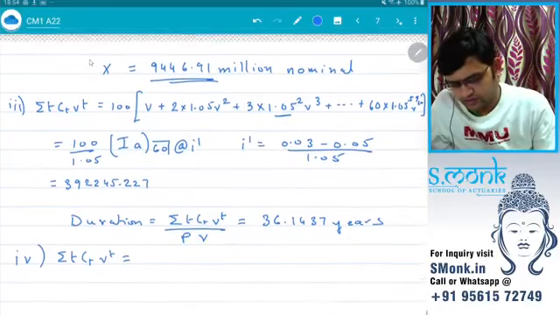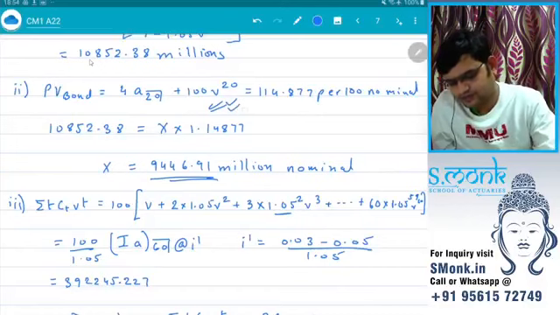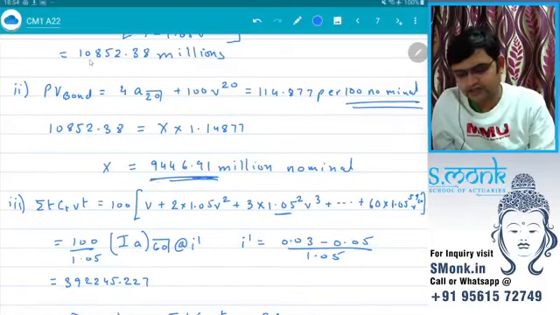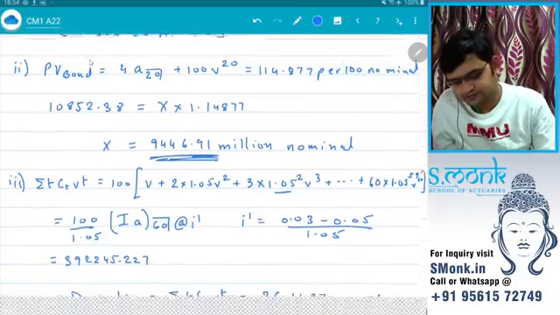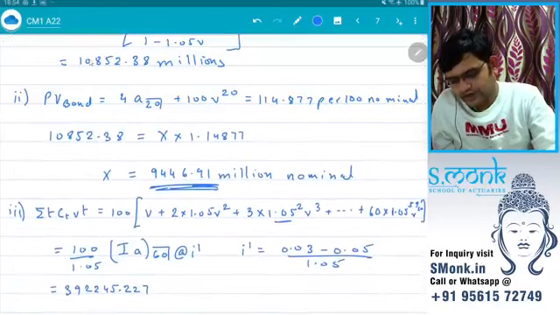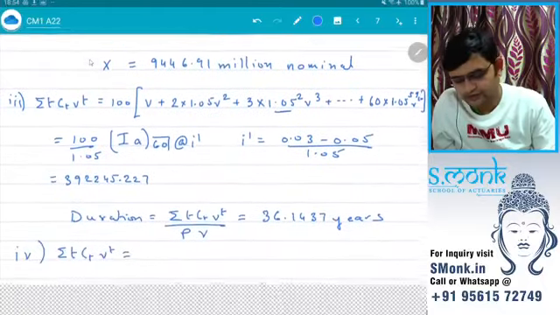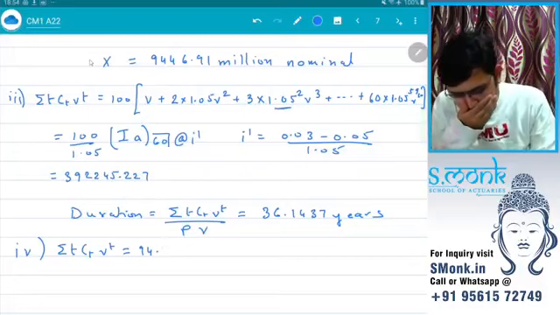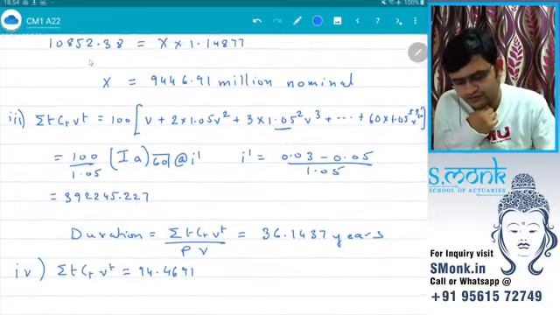Because this was per 100, either you can calculate everything per one nominal and directly this will be the value, or because I have already calculated this as per 100 nominal, to this value I will be multiplying 94.4691.